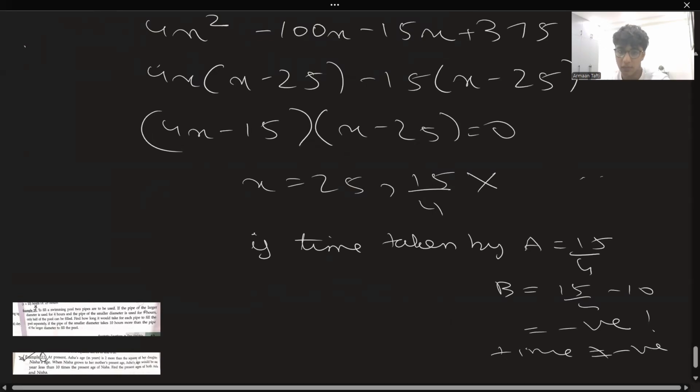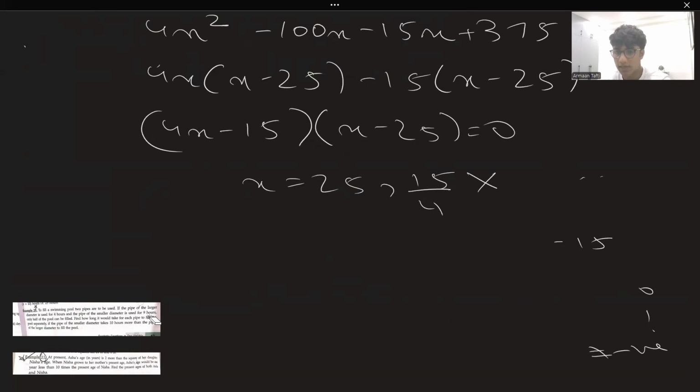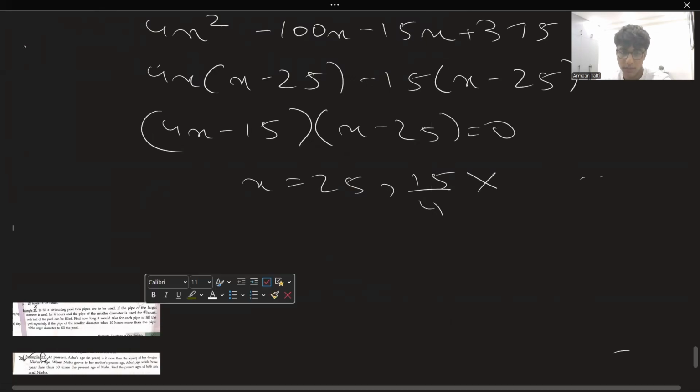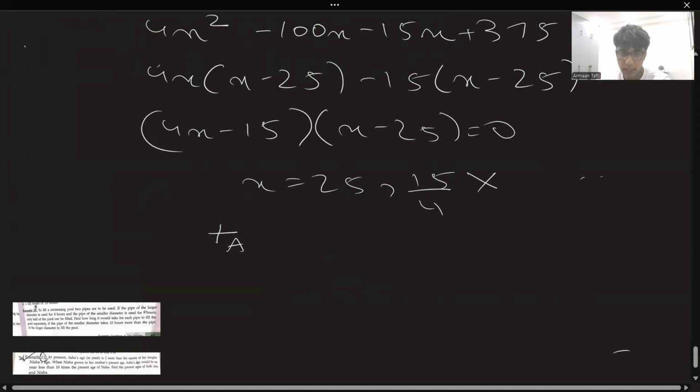So we can reject 15 by 4. But if you check that with 25, that won't be the case, right? So our final answer is: time taken by A is 25 hours and time taken by B is 25 minus 10, which is 15 hours.